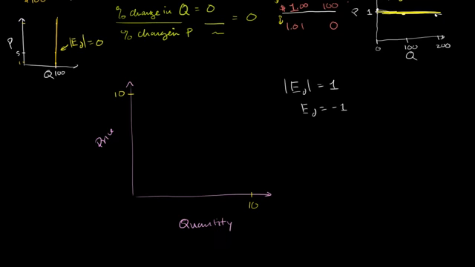So let's think about it. If we're up here where the price is near $10 and maybe where the quantity is closer to 1, let's think about what a 10% movement in price would look like, a 10% movement down. It would be roughly about this size. And I'm just trying to get the general shape of this curve. I'm not going to go into the deep mathematics or the calculus of it.